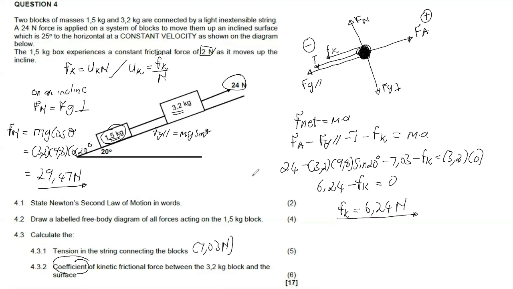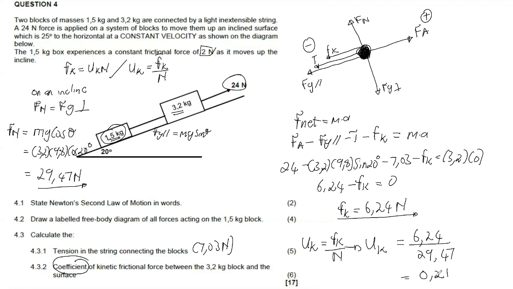So this is where we get to apply that formula. Mu k is equal to Fk over the normal force. And then our mu k is equal to Fk, which is 6.24, over our normal force, which is 29.47. Now, punching this into your calculator, we have 0.21, which is our coefficient of kinetic friction, right?